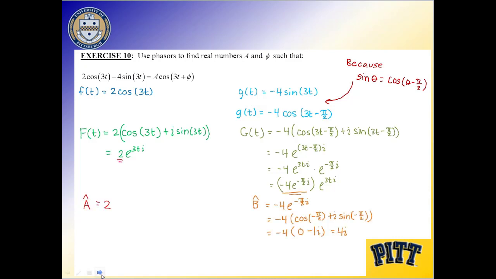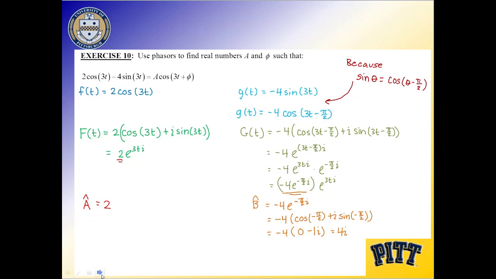So for capital F of t, because the e to the 3t i power is the expression part of it, that's the part I should see in each one of these two things. Anything on the outside of that is just going to be my phasor portion. For capital G of t, I have to do a little more manipulation because I have two terms in my power of e.